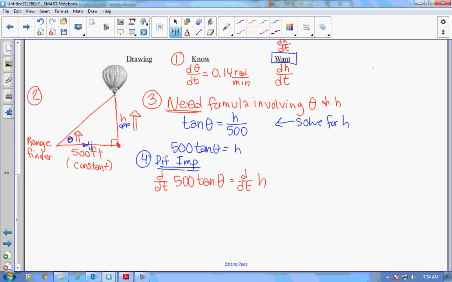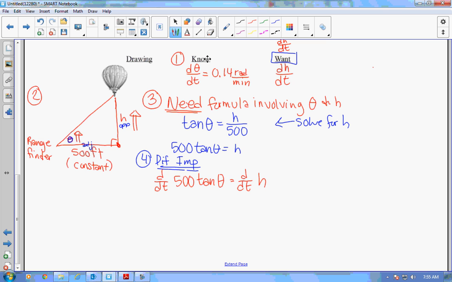So when we're taking the derivative with implicit differentiation, if you're taking the derivative of a theta with respect to t, you have to remember d theta dt. If you're taking the derivative of h with respect to t, you have to remember dh dt. If the variable you're taking the derivative of doesn't match your respect, then you have to have dh dt or d theta dt, okay?